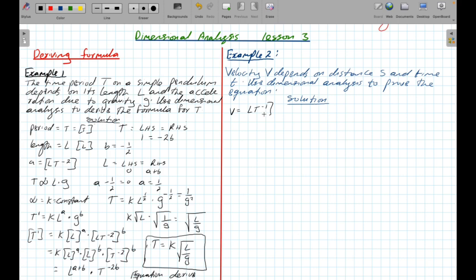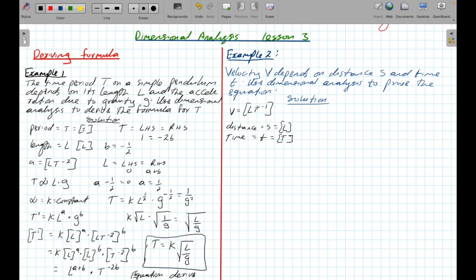Of minus 1. Now, for the distance, the dimension of distance s still remains L. The dimension of the time taken, that's time t, still remains t.